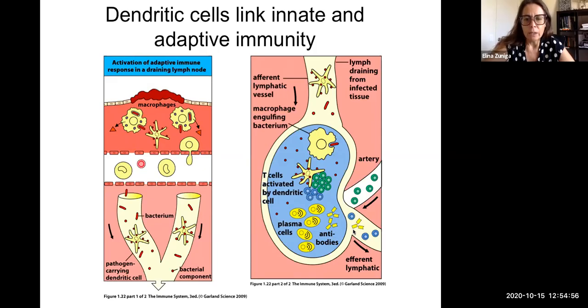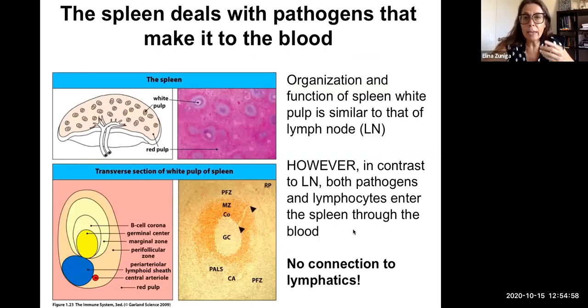Okay, so the spleen deals with pathogens that make it to the blood. The spleen is another secondary lymphoid tissue, and its anatomical organization and function can be divided into the white pulp of the spleen, which is very similar to that of the lymph node, okay?